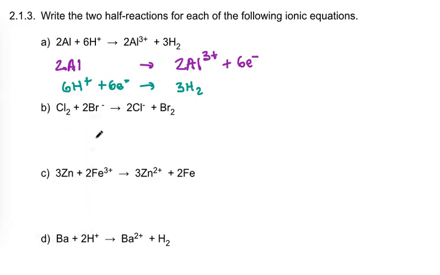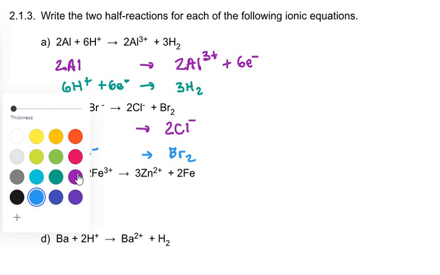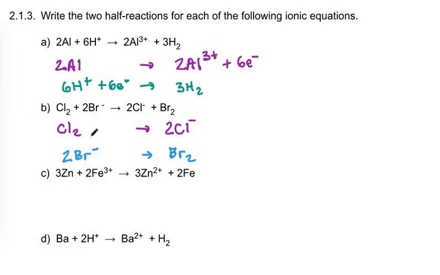Let's keep going with this. This one has one story about chlorine, where Cl2 turns into 2Cl minus, and then it has another one where 2 bromide ions turn into bromine. And if we balance these, chlorine's got 0 charge here.